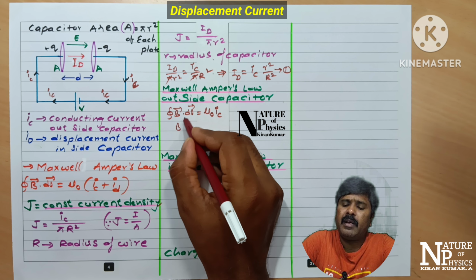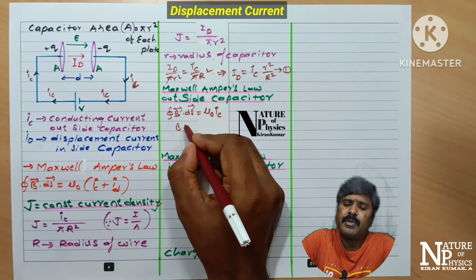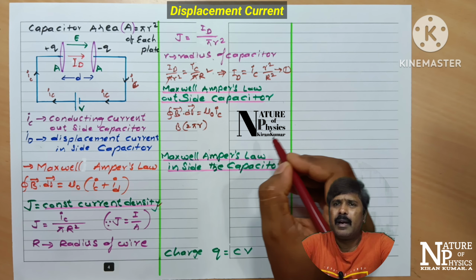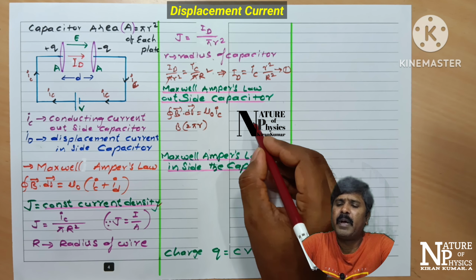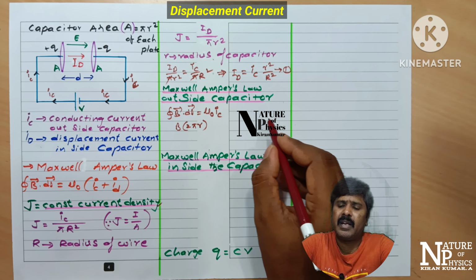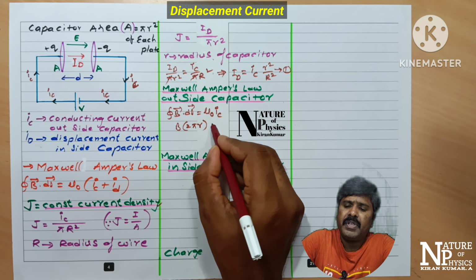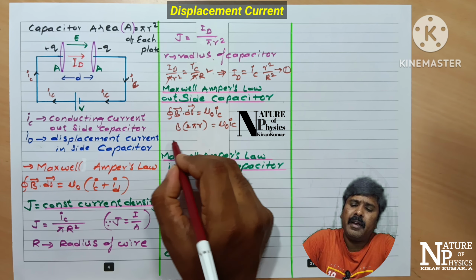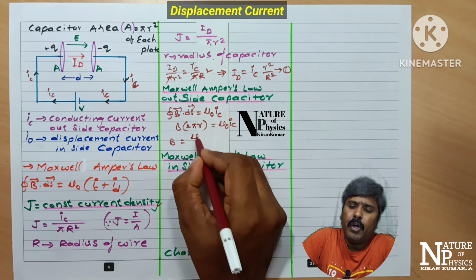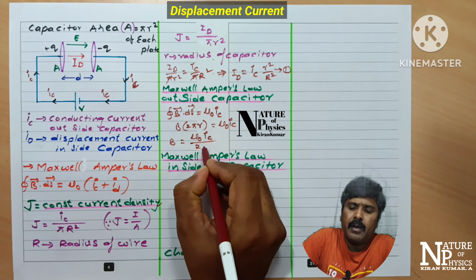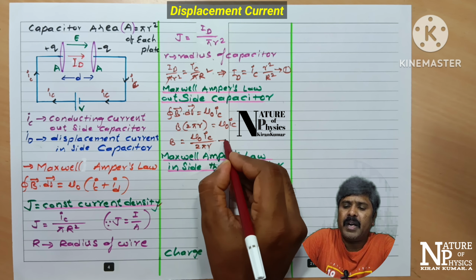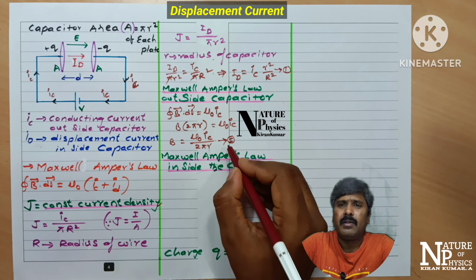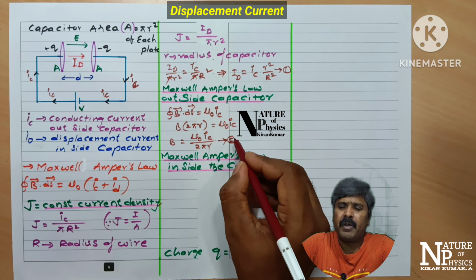B is common, and integral dl is equal to L, the length of the wire bent in circular shape, which is 2 pi r. So B times 2 pi r is equal to mu naught into IC, so the magnetic induction B is equal to mu naught IC divided by 2 pi r. I am writing this as equation number 1, Roman numeral 1.